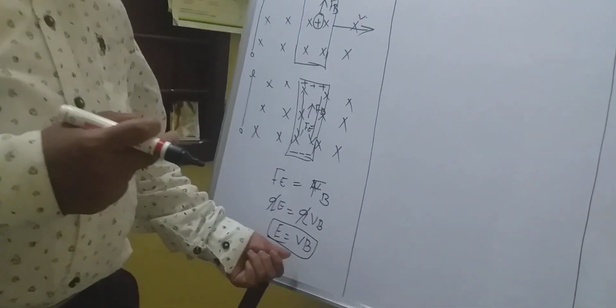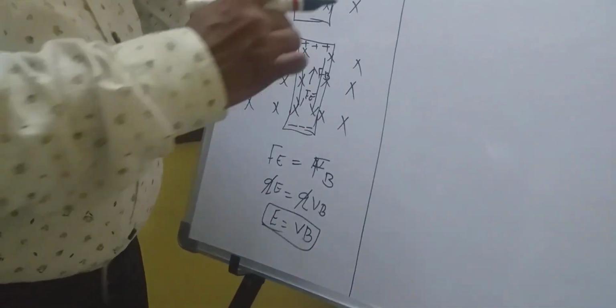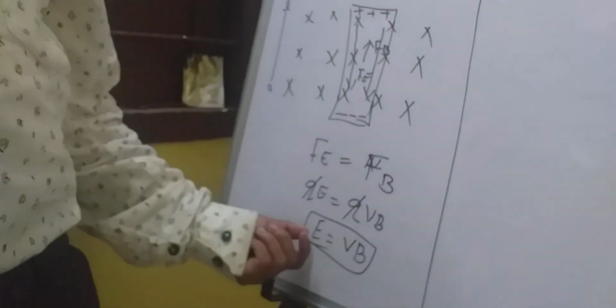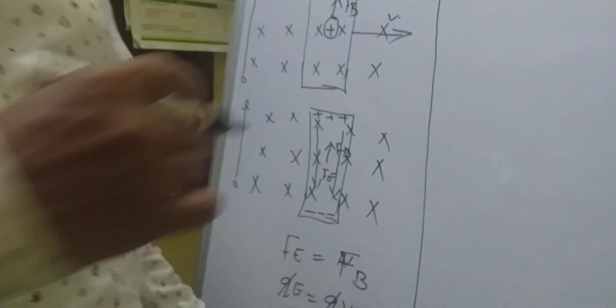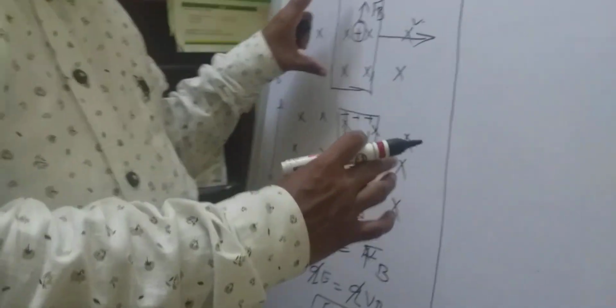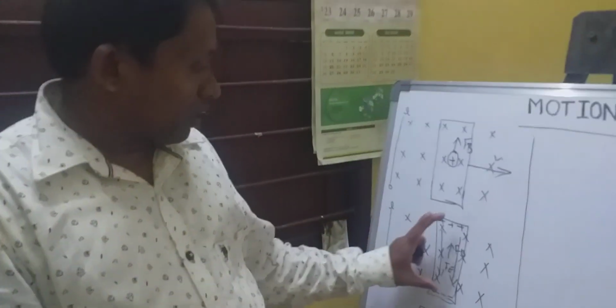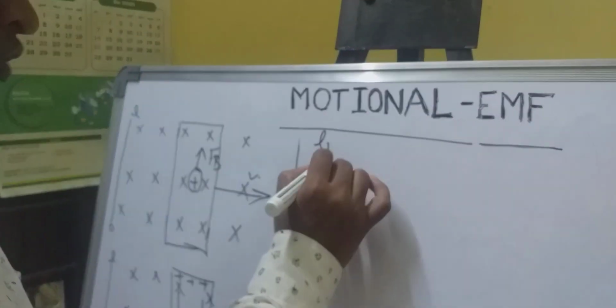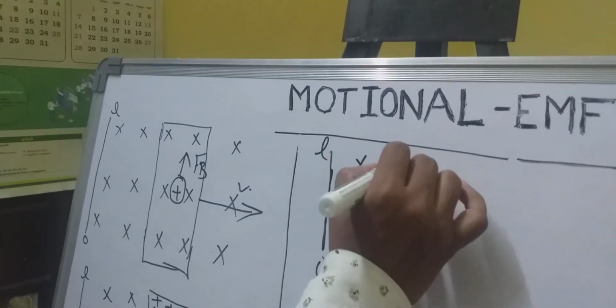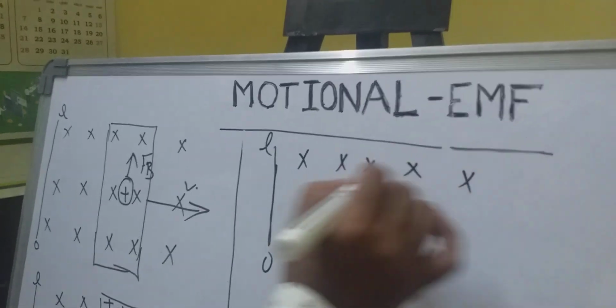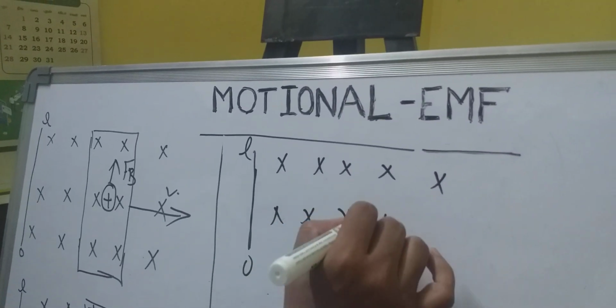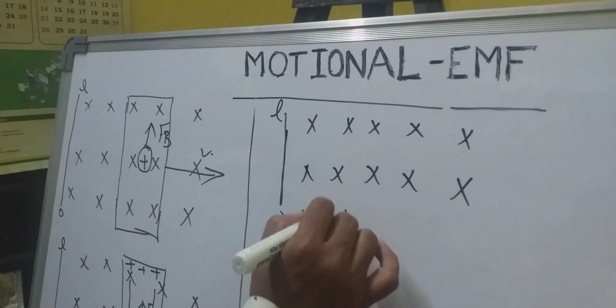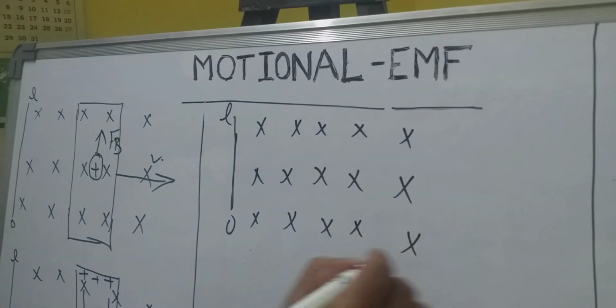Now we already know the relationship between electric field and potential difference. Because of this electric field, a potential difference is created between the ends of the rod. This is the 0 to L coordinate system, and this is the magnetic field.